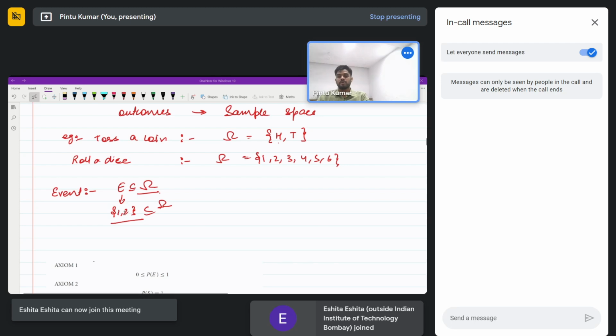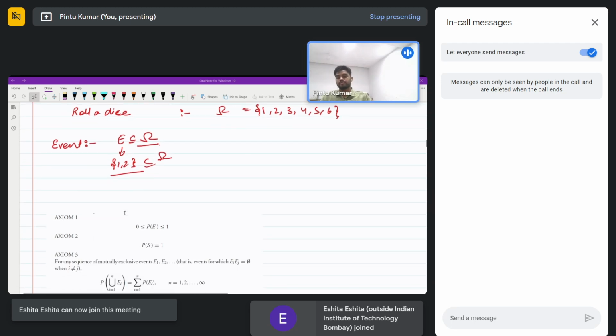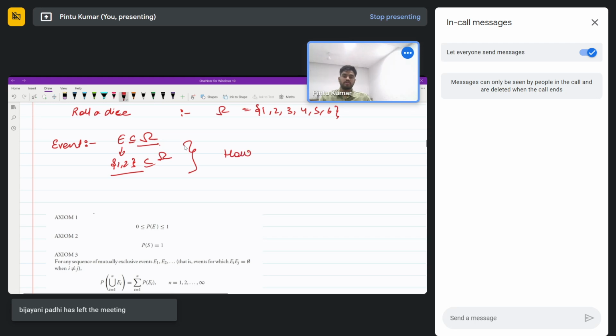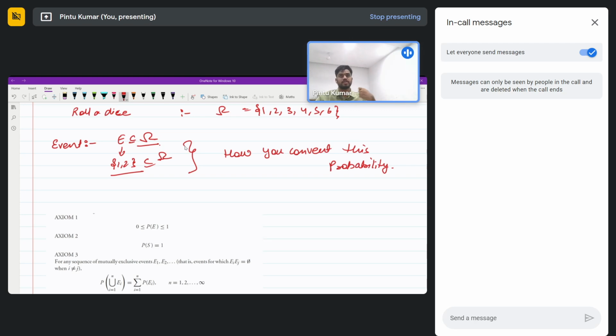So the question is then how do you convert this to probability? You want to look at your chances of an event happening. So how do you transform this to a number?